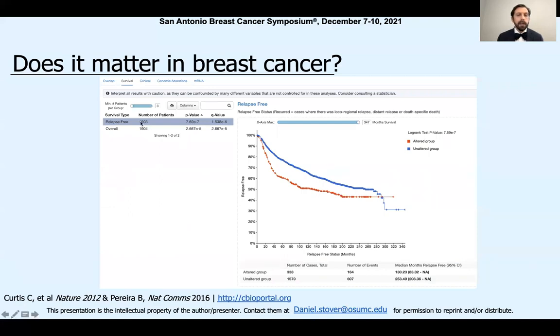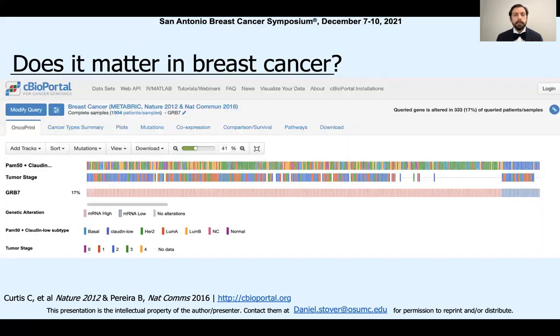And looking at relapse-free survival of over 1,900 patients, we can see that those patients who have overexpression of GRB7, the altered group in red, have significantly worse relapse-free survival relative to those who do not have overexpression of GRB7 in blue. And this is highly statistically significant, suggesting that this observation is likely relevant in breast cancer.